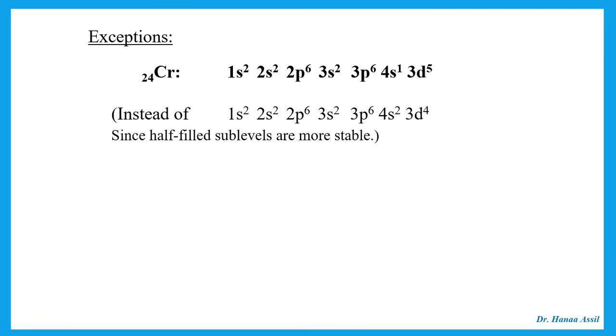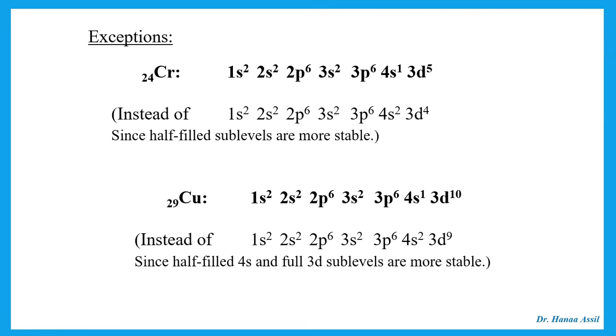Now, exceptions to that are chromium and copper. Remember, chromium has 24 electrons, so it should be 4s2 3d4. But actually, we need just one more electron to have the 3d half filled. So for chromium, we say it is 4s1 3d5.